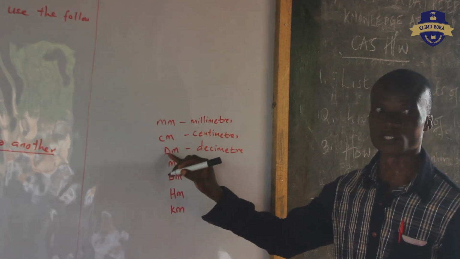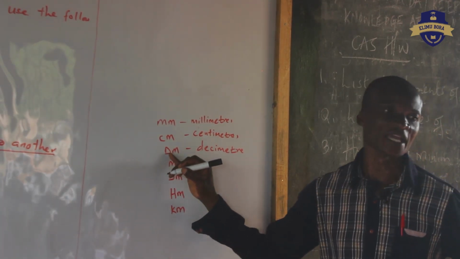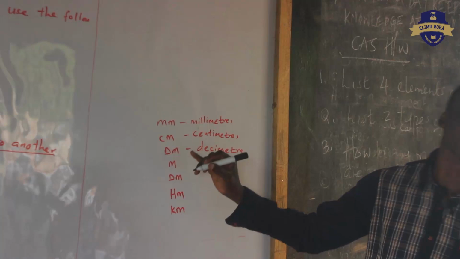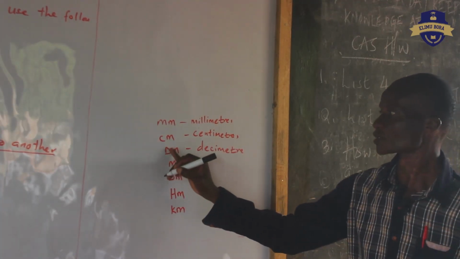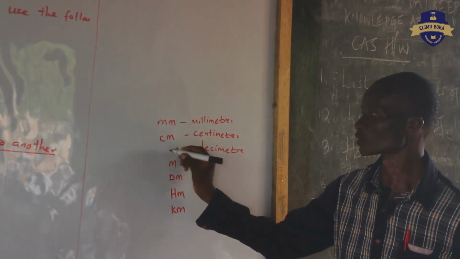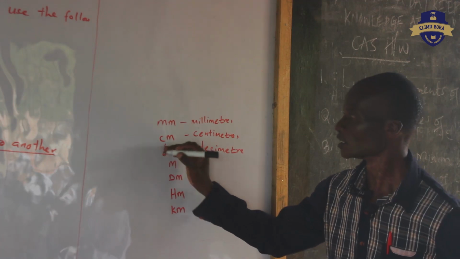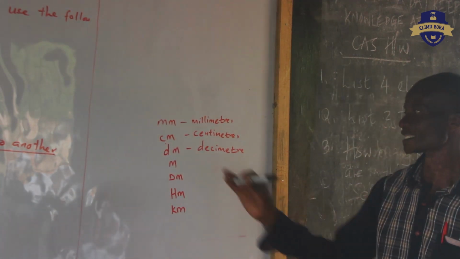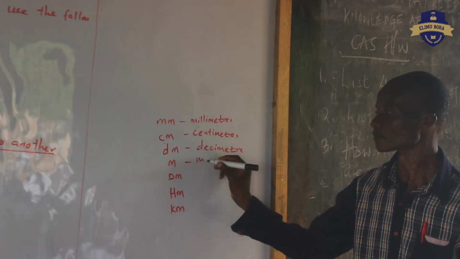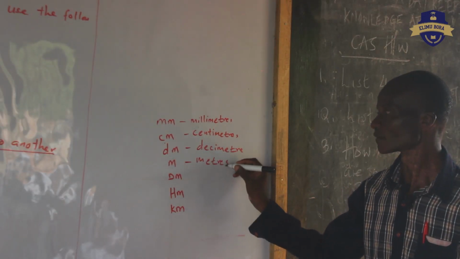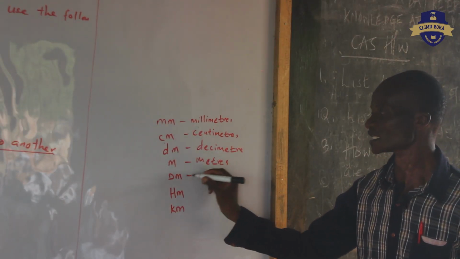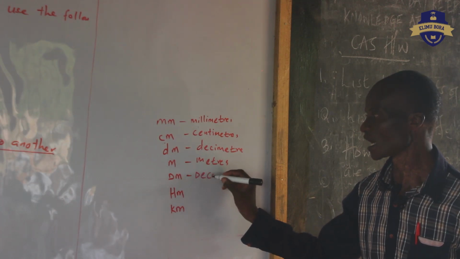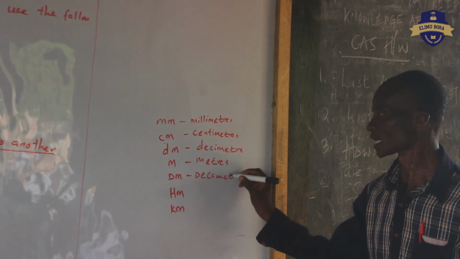Therefore, we are not going to use the capital D here. Are you together? Yes. We are not going to use capital D. We use what? Small d. Decimeter. Then this is what? Meter. Then this is decameter.